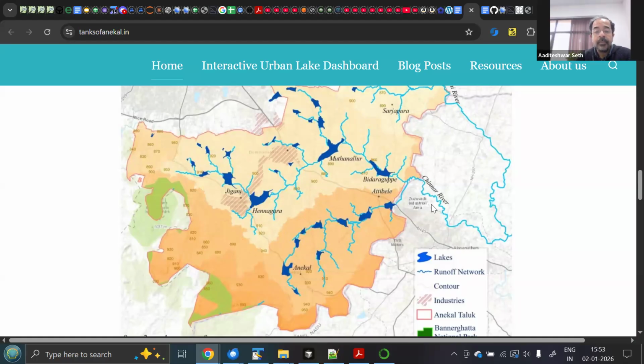This is very important for flood handling, flood mitigation, because when these channels get blocked, the water over here has nowhere to go, it stays here and you get waterlogging. But if the water can flow from here to here, it's much easier to deal with the flood situation.